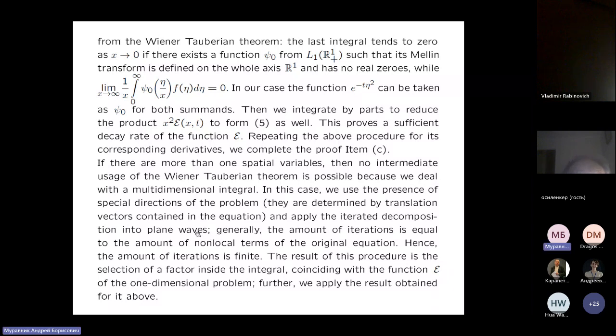What is amazing, at least for me, is that usually we decompose into plane waves in hyperbolic problems. In this case, it works in the parabolic problem. But this yields us the following picture. We select a factor inside the integral coinciding with the function E calligraphic of our one-dimensional problem. And then we apply the result obtained for the one-dimensional case.